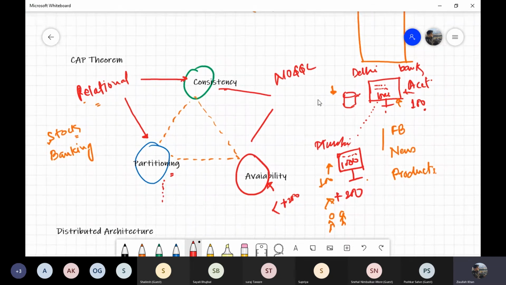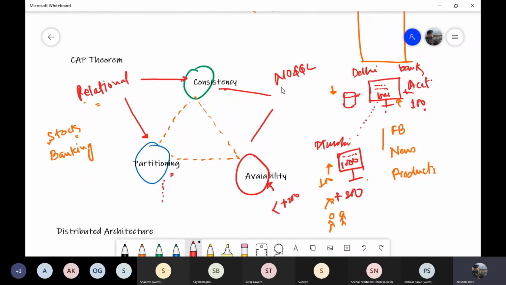But when you are okay with a little bit of delay in data synchronization across multiple servers, multiple places, locations, you're going to lean towards NoSQL, because NoSQL does not guarantee consistency right in the beginning, but the term is eventual consistency.